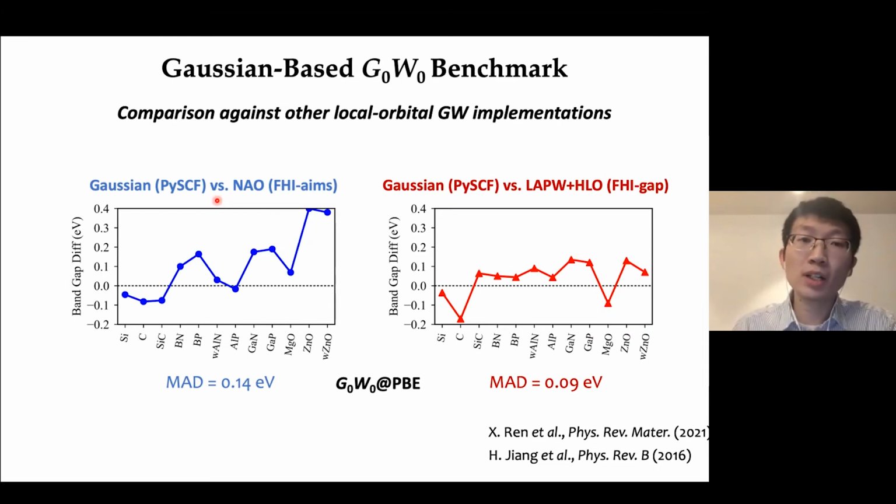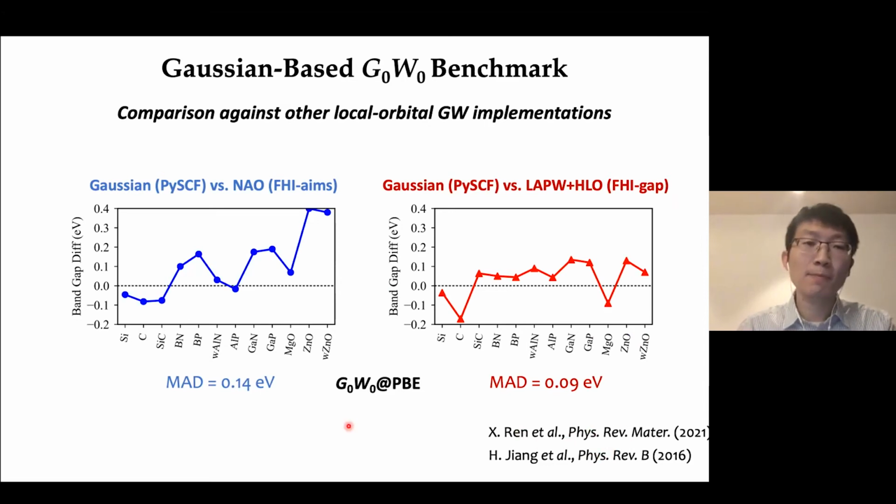One such comparison is against other local orbital-based GW implementations. For example, the recent numerical atomic orbital implementation in FHI-aims, and the other one is the LAPW plus high energy local orbitals based on FHI-gap. The numbers here are just taken from these two papers.